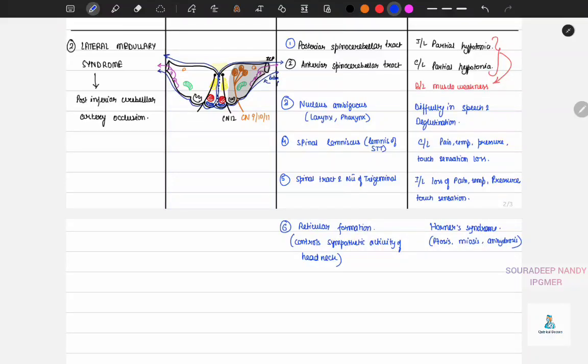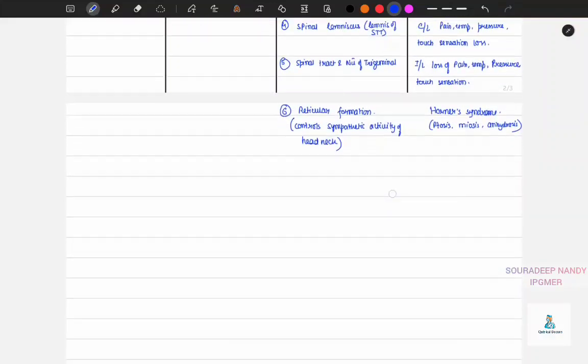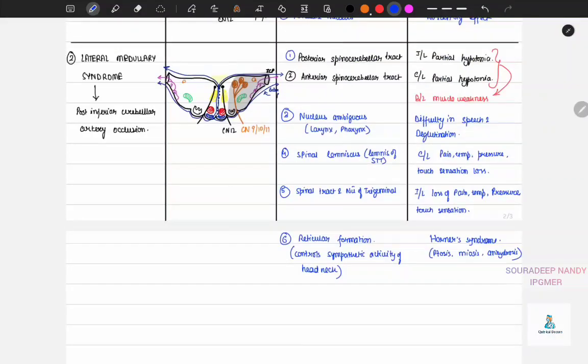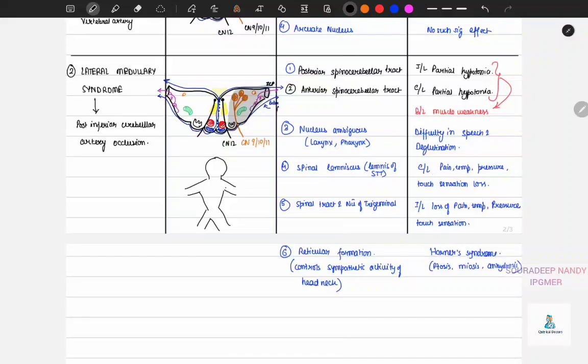Clinical features. If we see the clinical features, we can very well see, suppose this is the person affected by lateral medullary syndrome. Whatever we discussed, there will be bilateral muscle weakness, difficulty in speech and deglutition, and contralateral pain, temperature, and pressure sensation loss of the body, and here it is of the head and neck region.